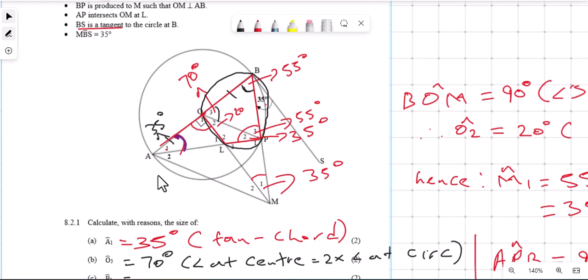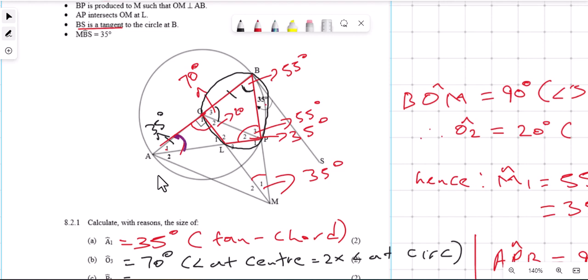How do we prove that they are parallel? Maybe we can say that angle B and angle O3 and O2 are co-interior.